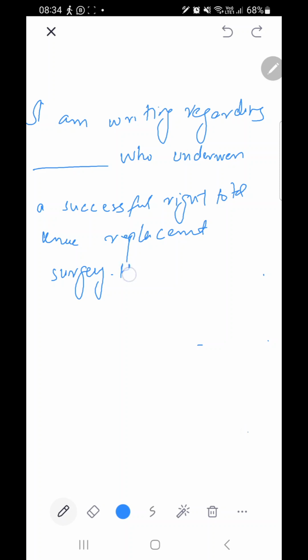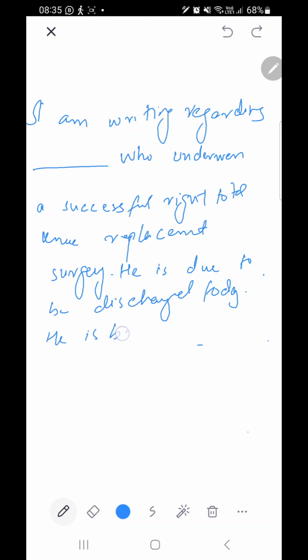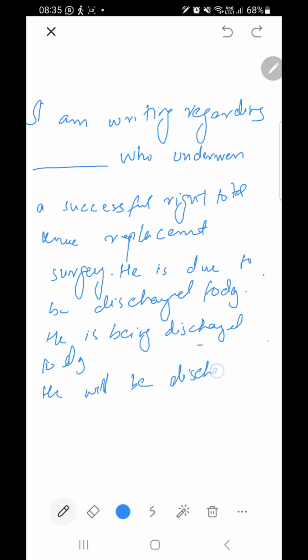He is due to be discharged today, or maybe he is being discharged today, or maybe if it's not today, he will be discharged tomorrow, let's say.